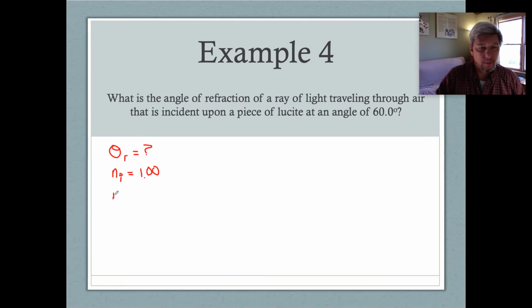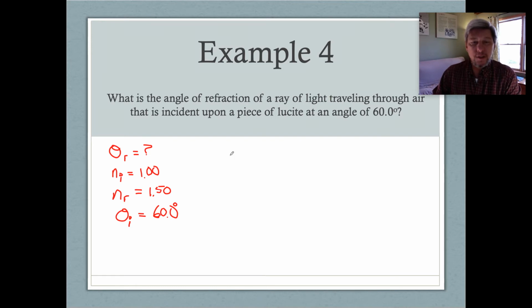And so here we go. n of R equals 1.50. All right, and then we're looking for the angle of refraction. We know that the angle of incidence is 60.0 degrees.